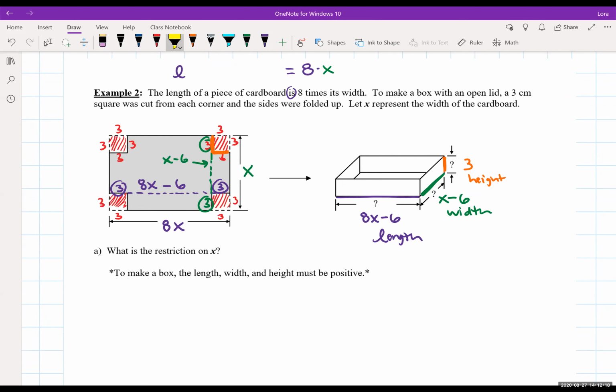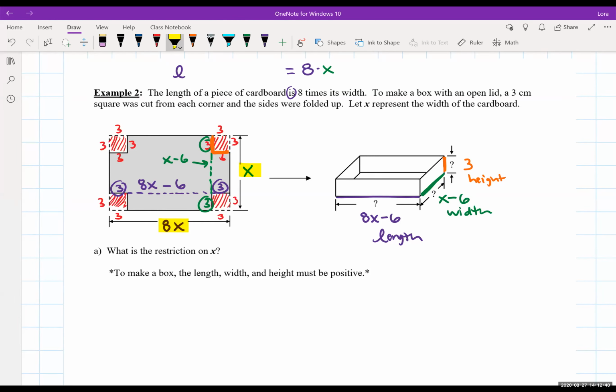When we don't know the exact values of our length and width, we can't just choose any length and width. There's something we call a feasible domain, otherwise known as restrictions. If you cut off too much from the length or width, you might end up with no box at all.